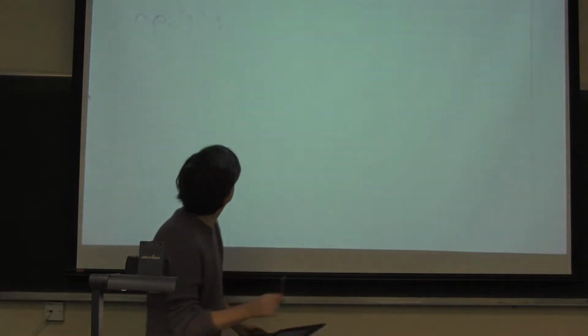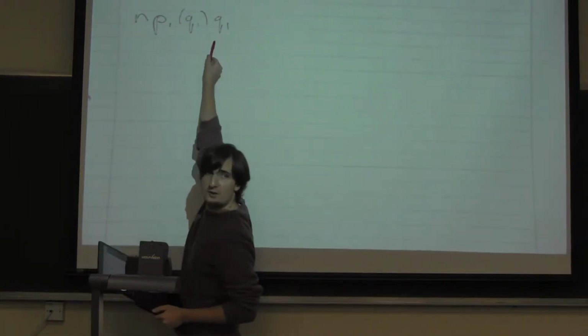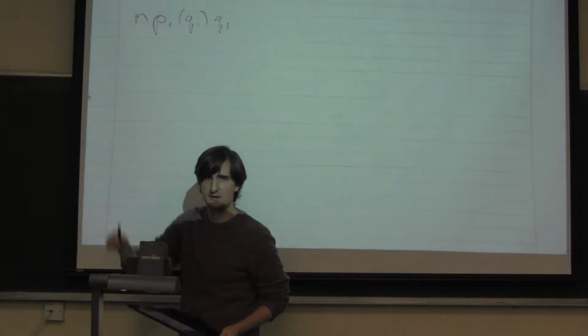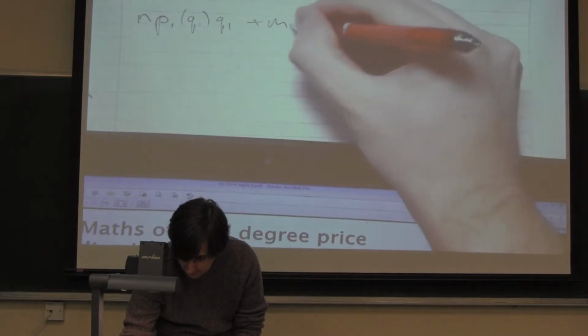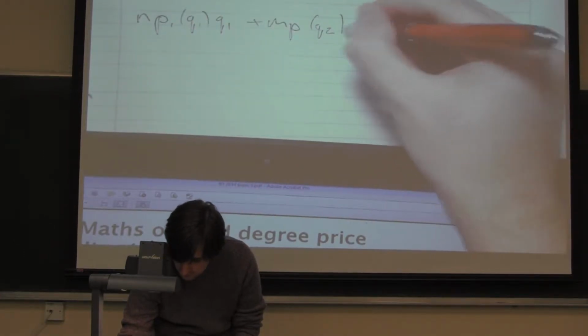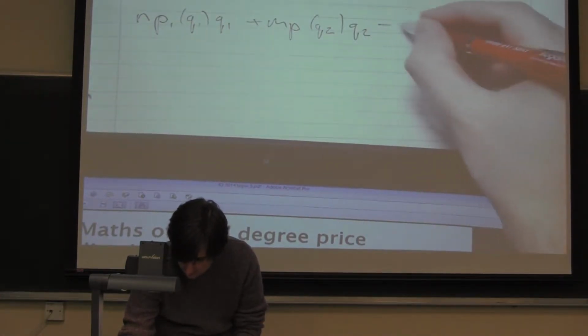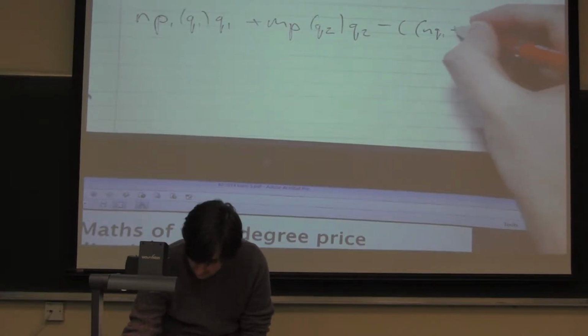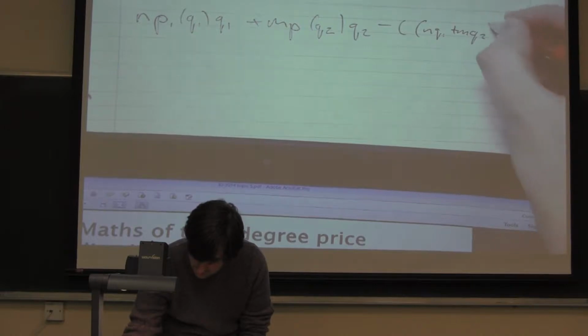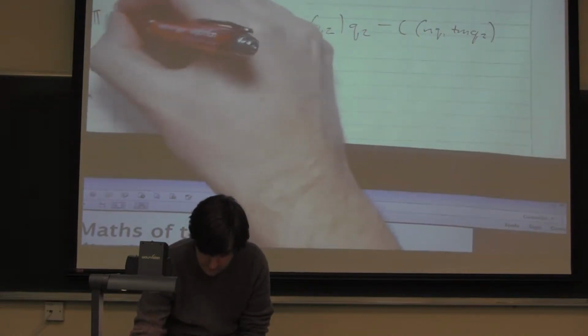So it's like selling a total of n times Q1 units at the price of P1, plus m P2 Q2, minus C of capital Q, which is N Q1 plus M Q2. So that's what profit says.